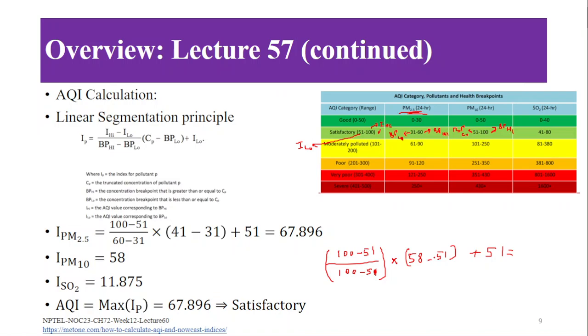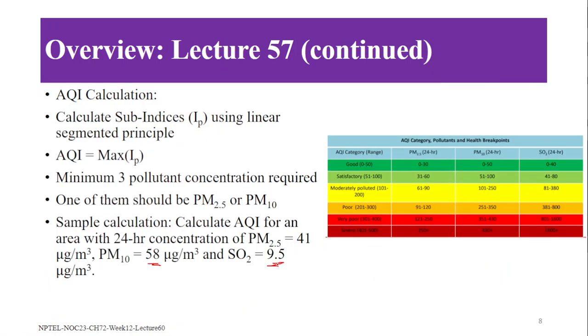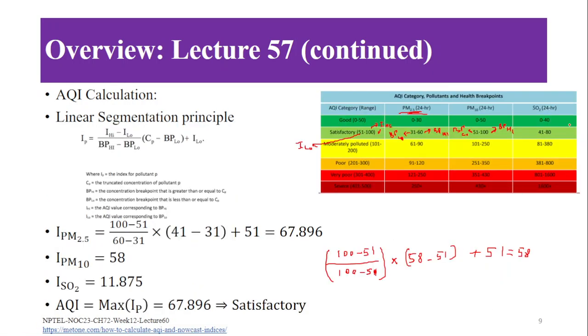Next, the sub-index for SO2 can be calculated from the linear segmented principle. Firstly, you need to see what the given concentration is. The given 24-hour concentration is 9.5 microgram per meter cube. So where does this 9.5 lie? It lies between 0 to 40. So this will be BP high for the case of SO2, and this will be the BP low. Now this will be the I high, and this 0 will be the I low.